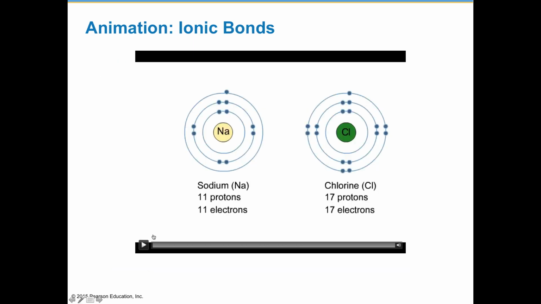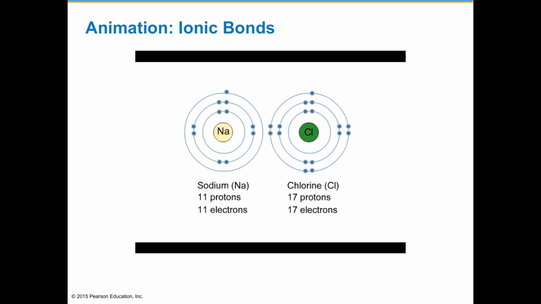And here's another video. We're going to watch this really quickly. Sometimes atoms complete their outer shells by stealing or giving away electrons. This happens between sodium and chlorine atoms. An electron moves from the sodium atom to the chlorine atom. The outer shells of both atoms are now complete, containing 8 electrons. The chlorine atom now has 18 electrons, but only 17 protons. Because an electron has a negative charge, the chlorine atom now has a net negative charge.